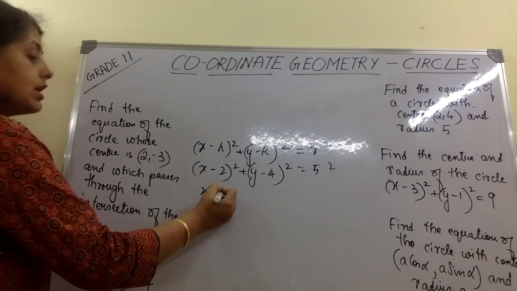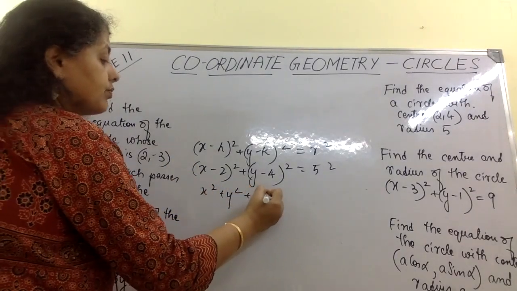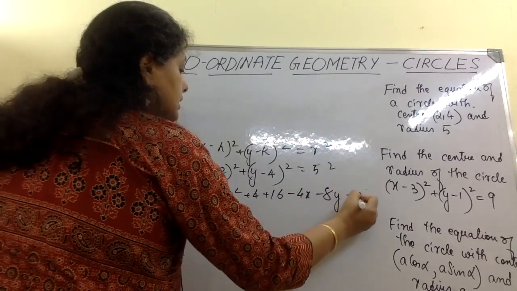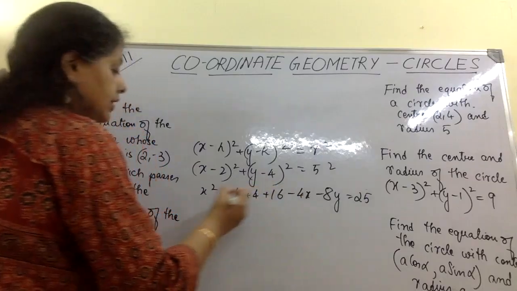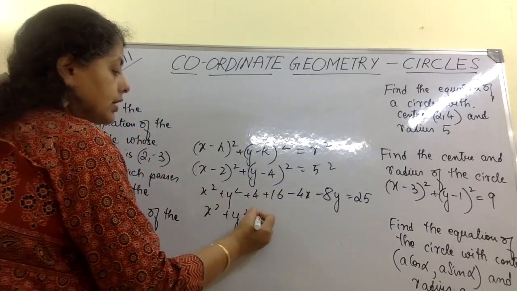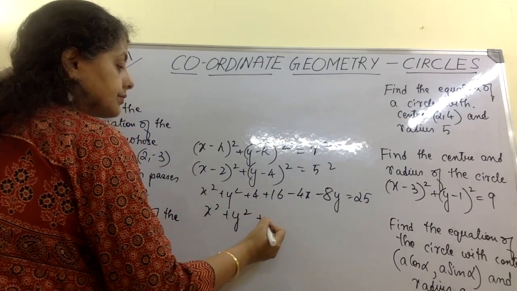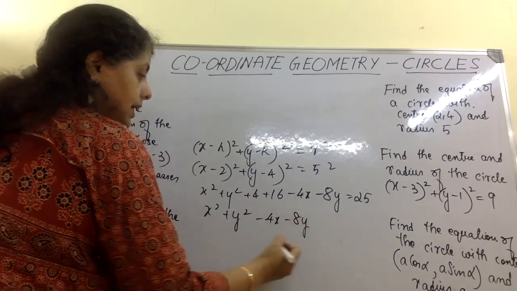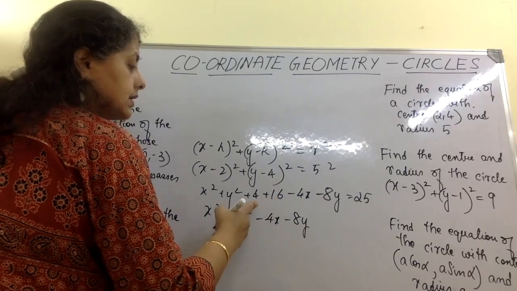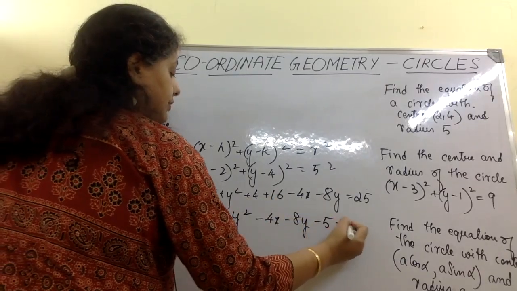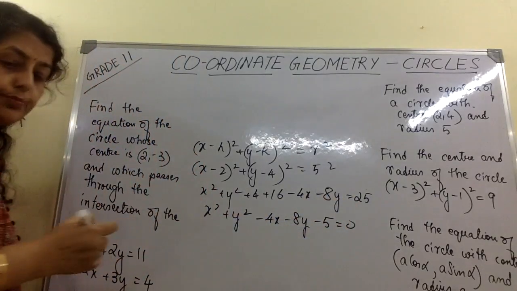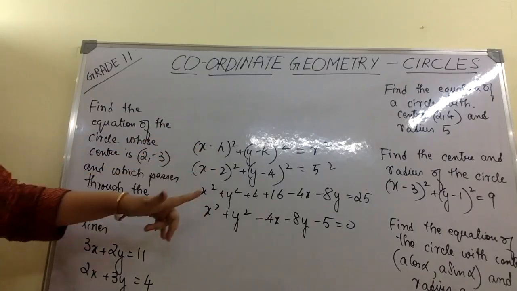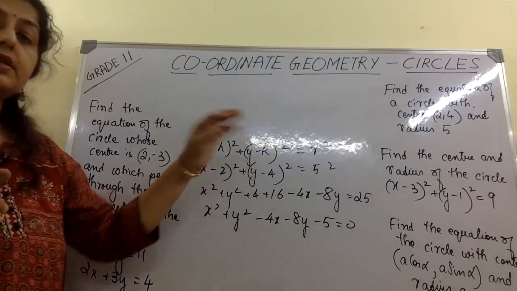So it is x² + y² + 4 + 16 − 4x − 8y = 25. So x² + y² − 4x − 8y, and this is −5, because with this 20 and this 25 it becomes −5. This is our equation of the circle when the center is given and the radius is given.